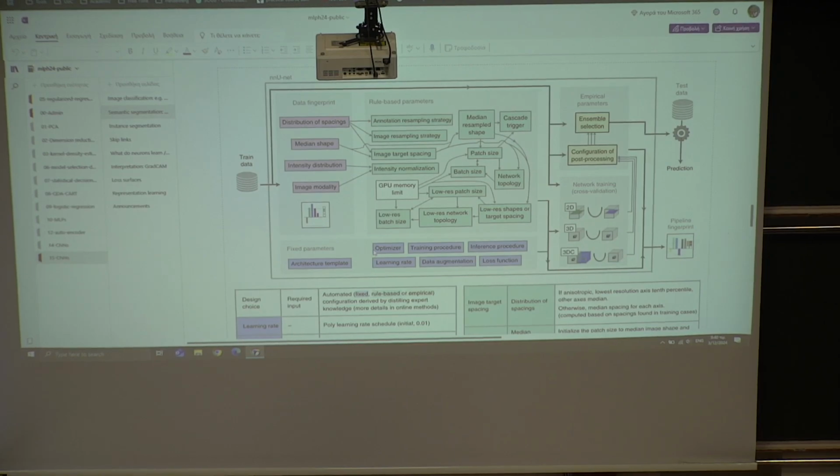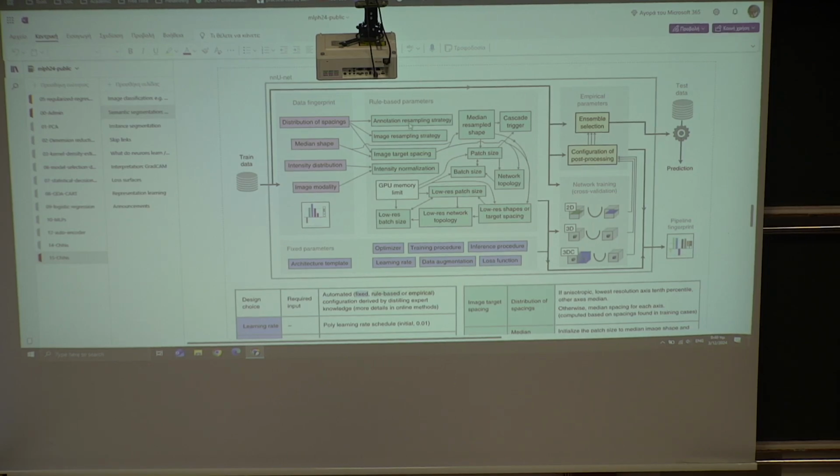These hardwired decisions look, for example, at the image modality. Is it a CT or an MR or a microscopy image? And this, together with the histogram of intensities, is used to make an informed decision about what kind of normalization we want to use. Do we want to use the logarithm or the square root or whatever of the pixels, and how do we want to subtract the mean?